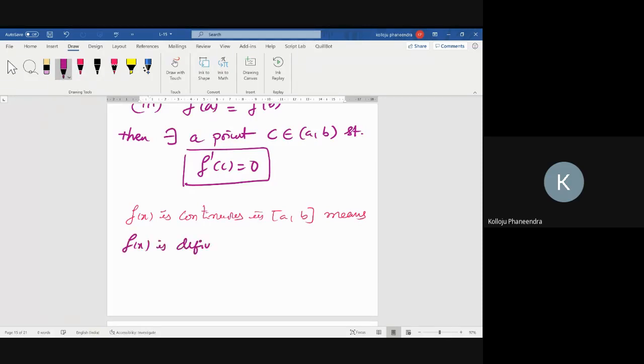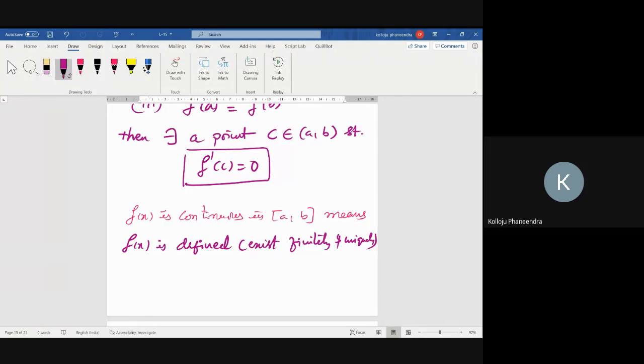What is meant by defined? It exists finitely and uniquely. F of x has a unique finite value at every point of the interval a, b.